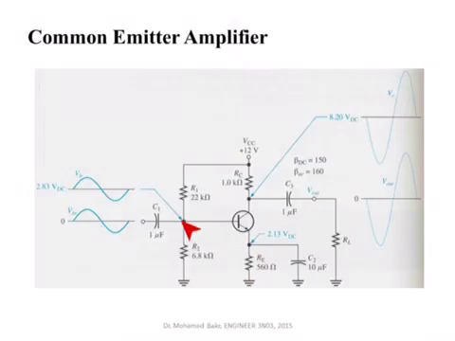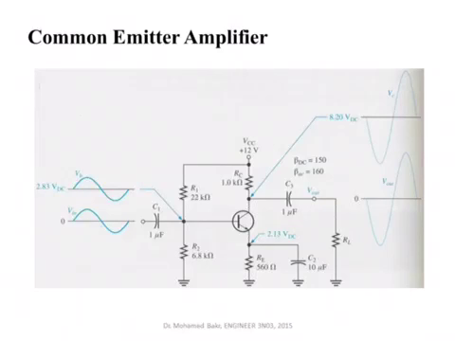Then the signal is applied between the base and the emitter, while the output is collected between the collector and the emitter. You can see I'm taking the output, the AC amplified signal, from the collector, and it is measured between the collector and the ground, which here is the emitter. This is why this is called a common emitter amplifier.